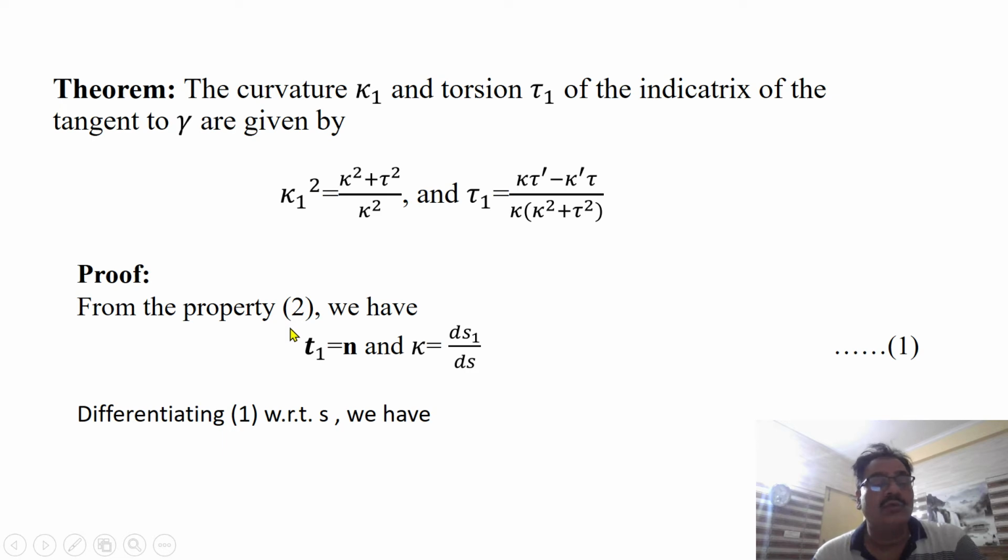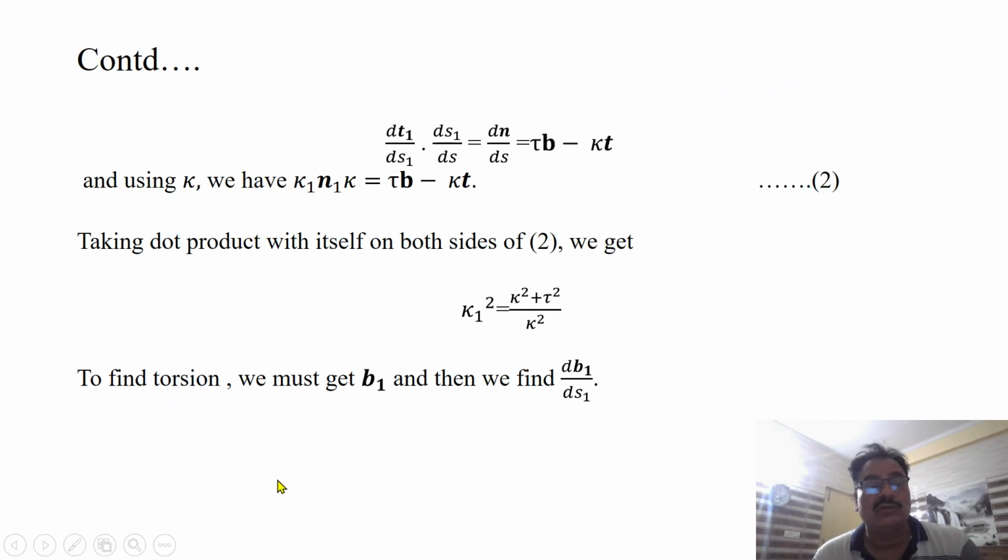For the proof, we will use property number 2, according to which t1 is equal to n and k is equal to ds1 by ds. Let us suppose this is equation number 1. Differentiating this equation with respect to s, we write dt1 by ds1 times ds1 by ds is equal to dn by ds, which is tau b minus kt.